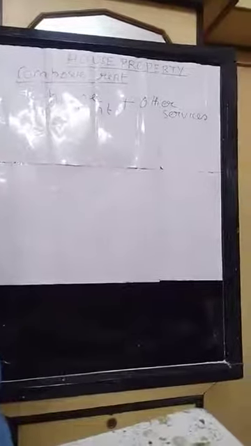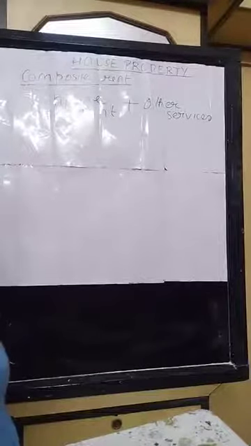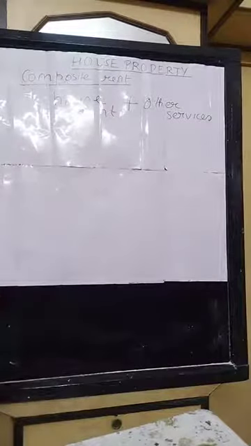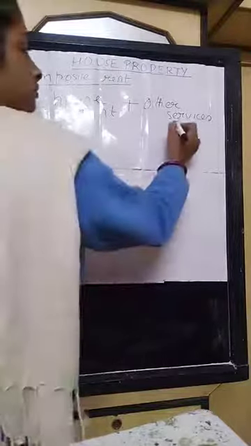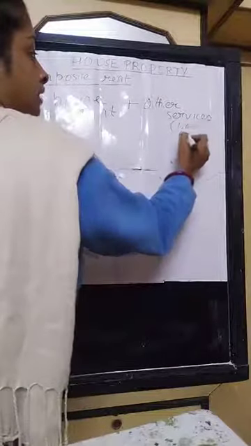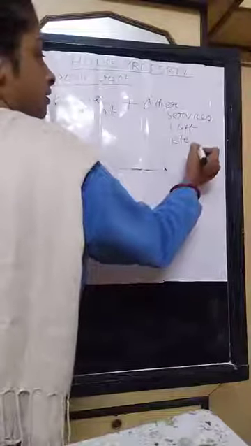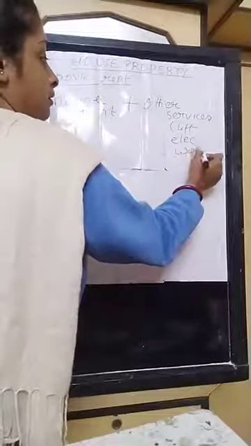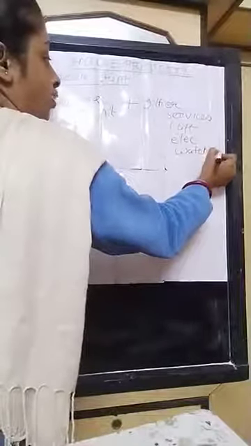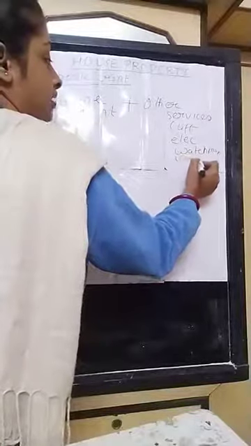So composite rent is all about using not only the house property but also some other services like lift, electricity, watchman, water supply, etc.